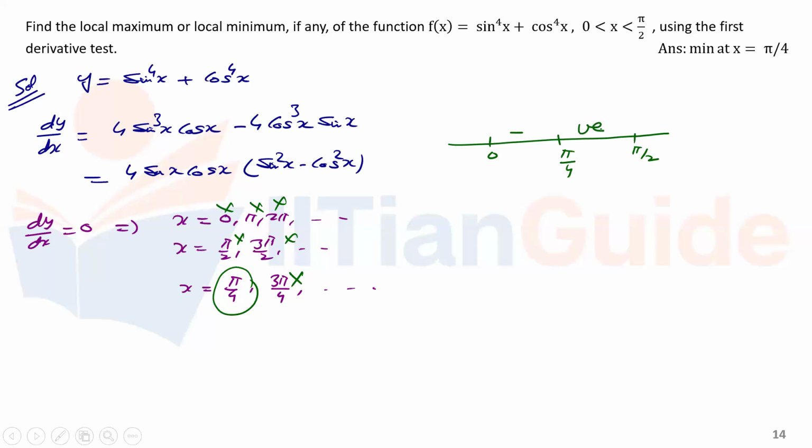So it changes sign from negative to positive. That means there is a minimum at x equal to pi by 4. That's all. Clear?